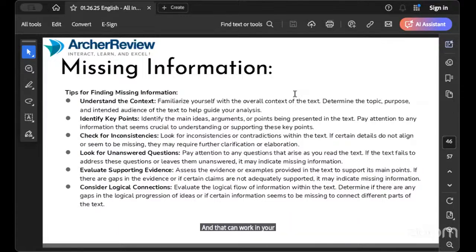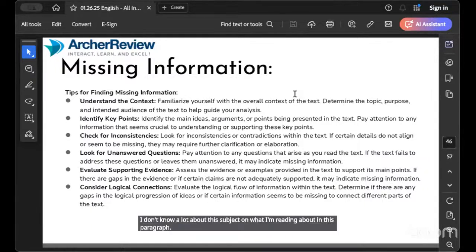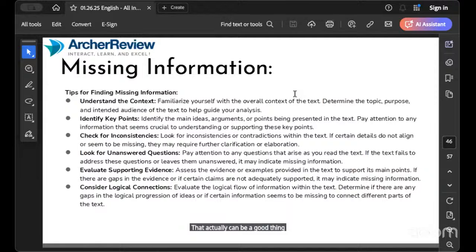A lot of times students will get overwhelmed because they sit there and think, oh, I don't know a lot about this subject I'm reading about in this paragraph. That actually can be a good thing. Embrace that. Don't let it overwhelm you. Because by not being an expert, you don't understand it. And by not understanding it, you need to have it explained to you in what?